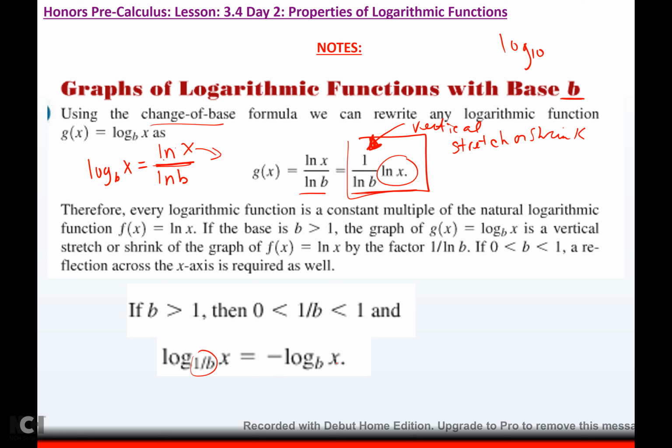Without going into too much explanation, that would be b to the negative first, and so this negative comes out, and then you can just write it as negative log base b of x, which then you can rewrite as a negative natural log of x divided by natural log of b. And again, then you could write that as a negative 1 over natural log of b times natural log of x. Okay? And why do we want to do that?